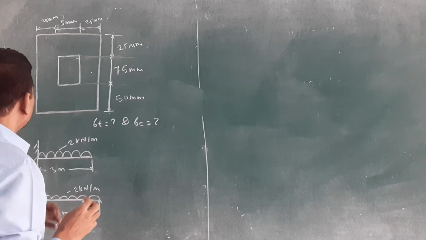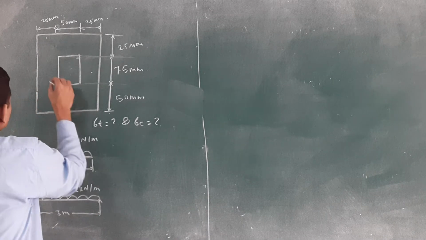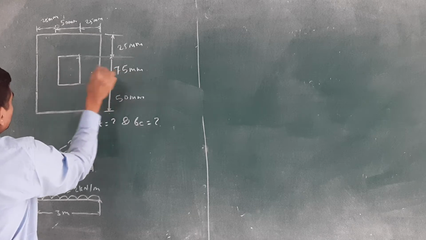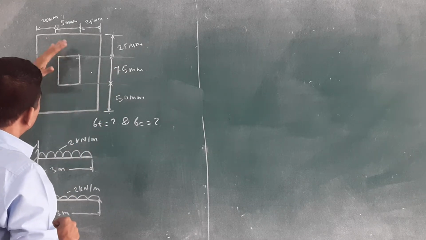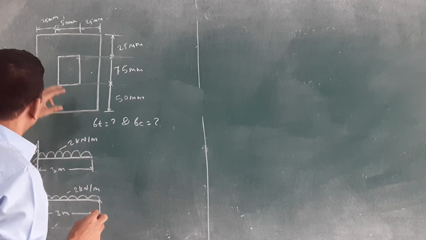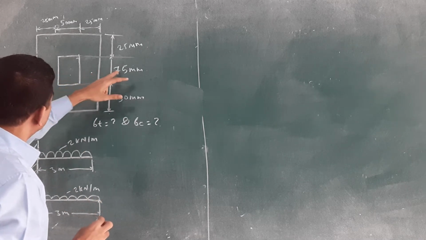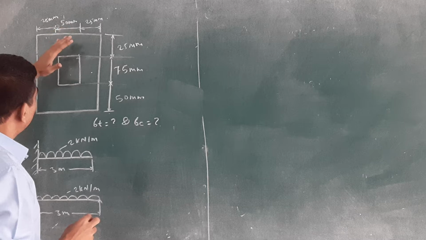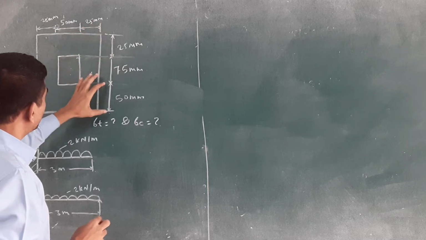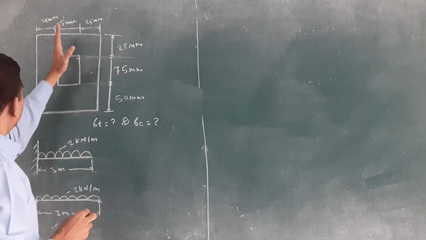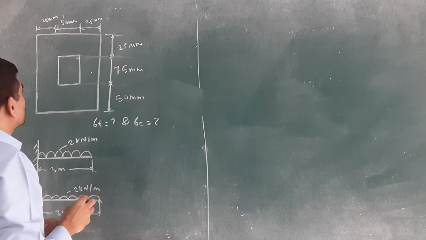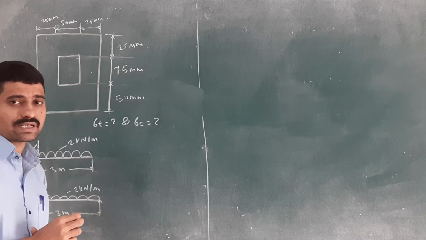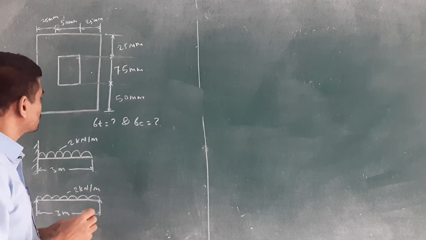If you take the axis through the center, check whether above and below you get the same image. Here we don't, because above it is 25 and below it is 50. About the y-axis you get a mirror image, but not about the x-axis, and we require it for the x-axis.